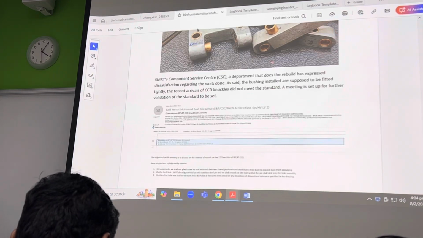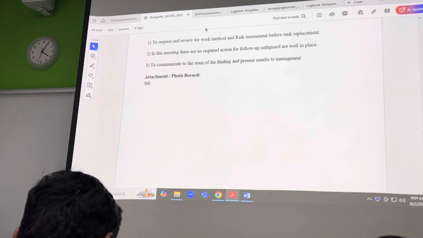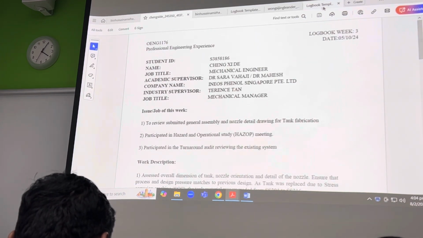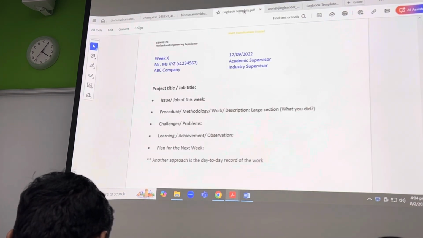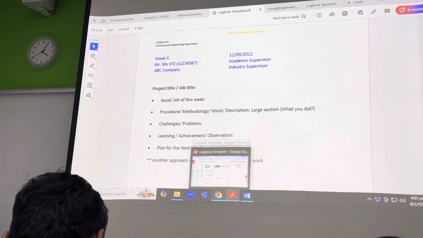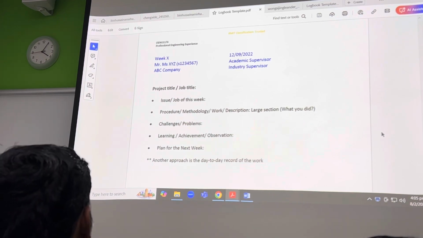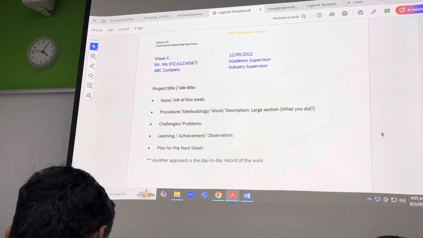I think there's one guy who follows the RMIT way, with the cover page, you can also use that. Or you can follow this template.